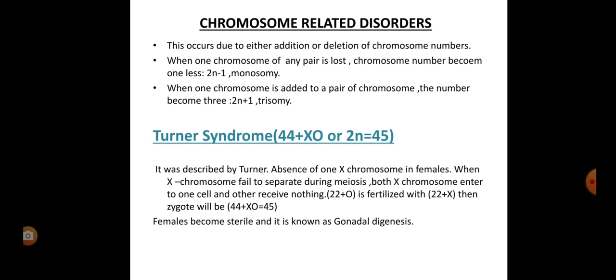That means the total number of chromosomes is 45. This female becomes sterile, and there is no proper gonadal development and no primary sexual characters are developed in these individuals. This disease is known as gonadal dysgenesis.